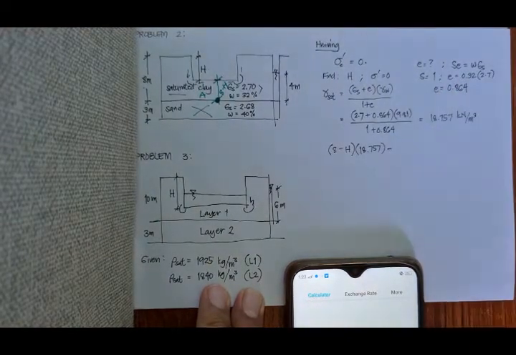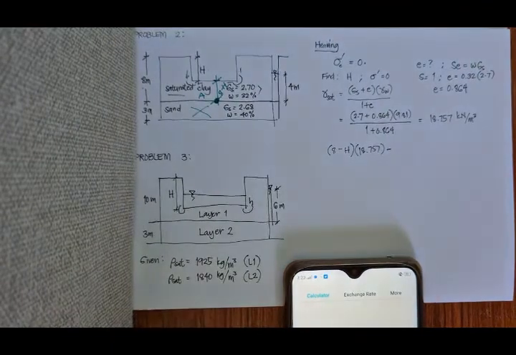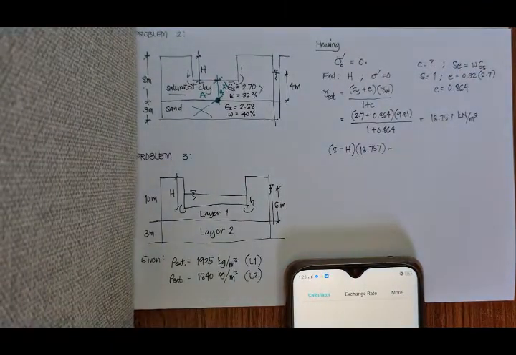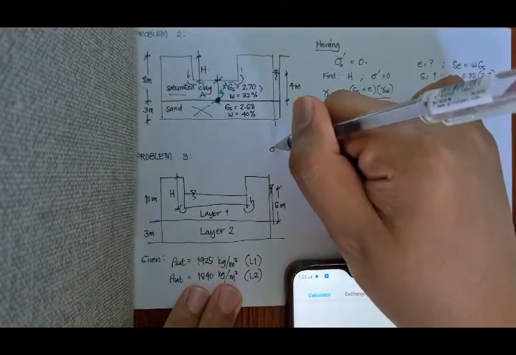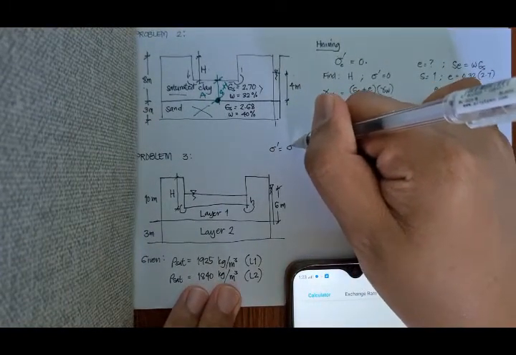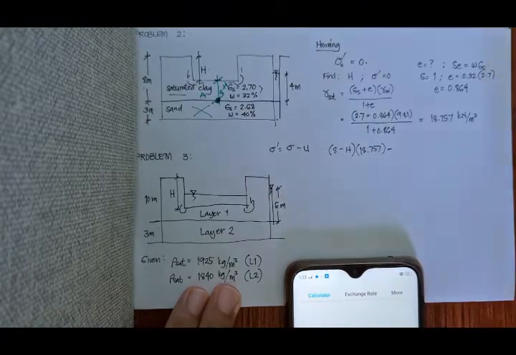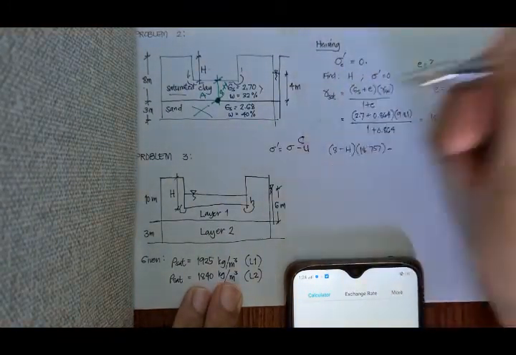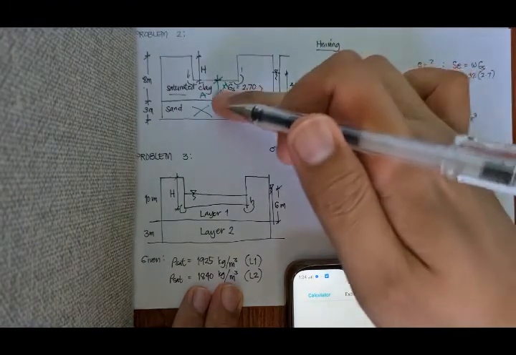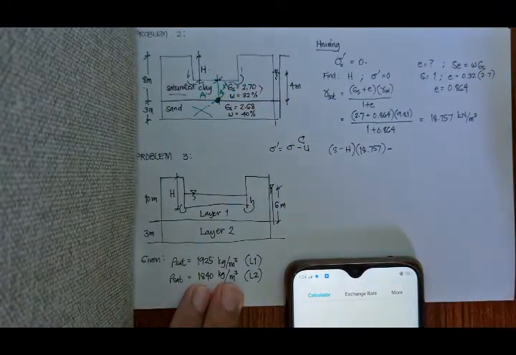minus, ilan ngayon? Ano ngayon yung ibabawas natin? Since yan ay total stress, pwede natin ulit sabihin na yung effective stress is equal to the total stress minus yung neutral stress. Yung neutral stress natin, since wala namang present na water dito sa soil layer natin, saan lang ba nagkakaroon ng presence ng water?